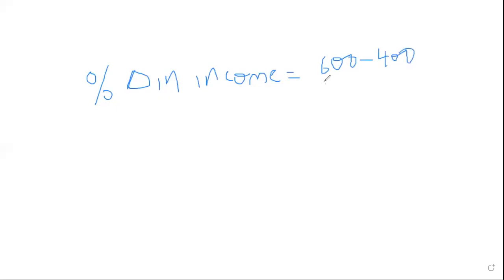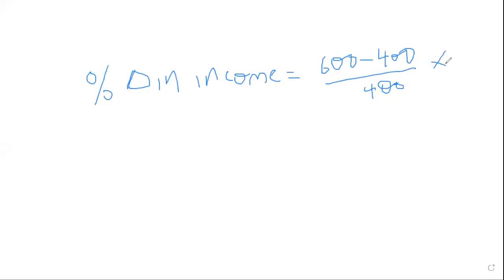In this case, the percentage change in income will be equal to the new value of income, which is 600, minus the old value of income, which is 400, divided by the old value of income, which is also 400.